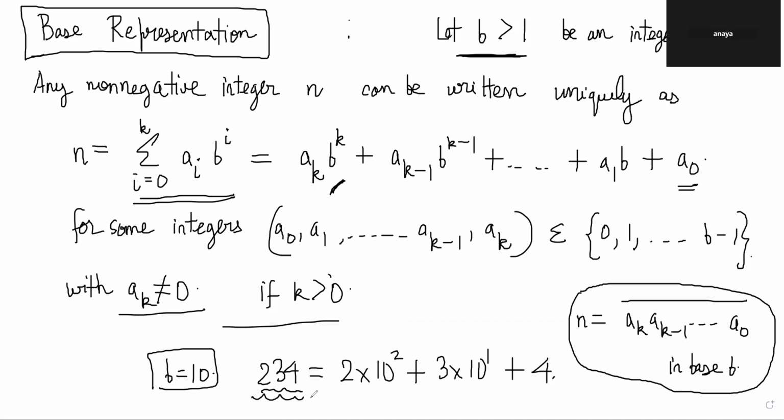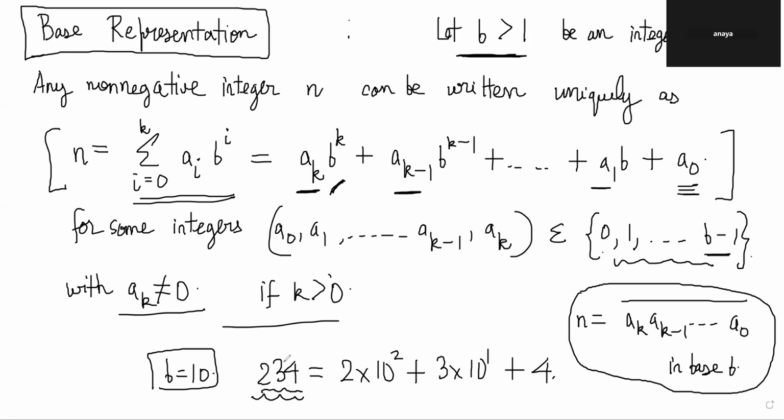So this base representation is super important, especially in certain types of problems where you have to change the bases. Remember always that the digits you're using will be between 0 and b minus 1. We cannot use the digit b because the base was b. We cannot use a digit 10 when you use base 10. We can only use 0 to 9 as our digits.